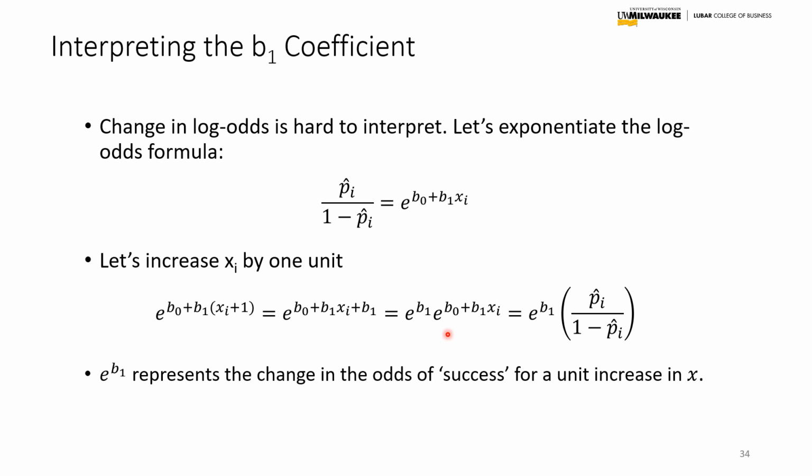Recognize that the second term here is equal to the predicted odds ratio before we changed x by that 1 unit. In the end, this means that e to the b1 represents the change in the odds of success for a unit increase in x.